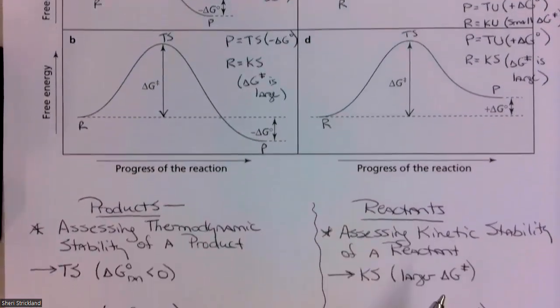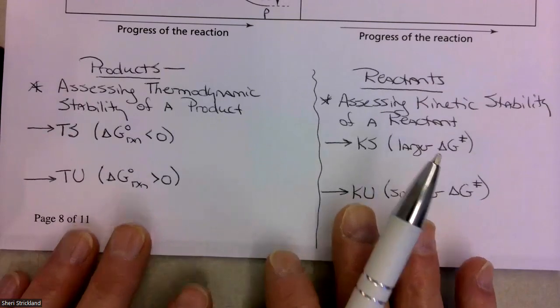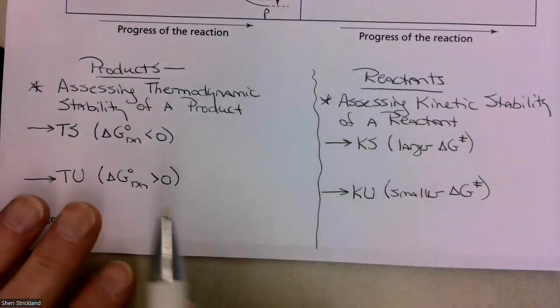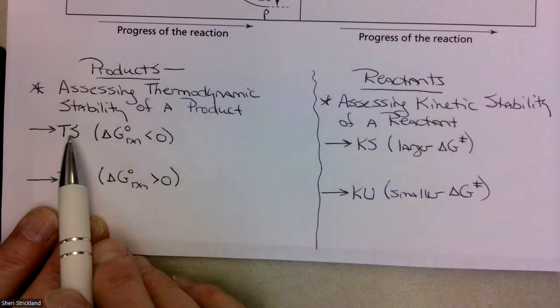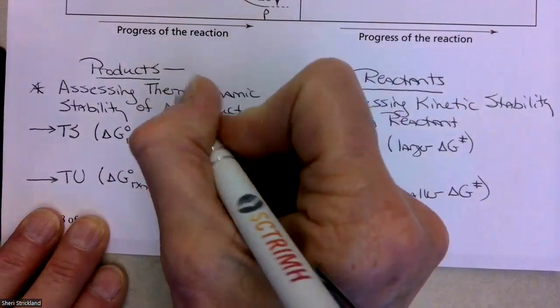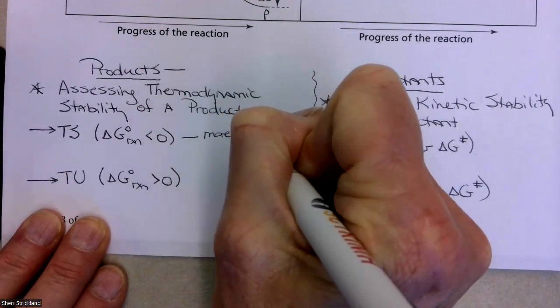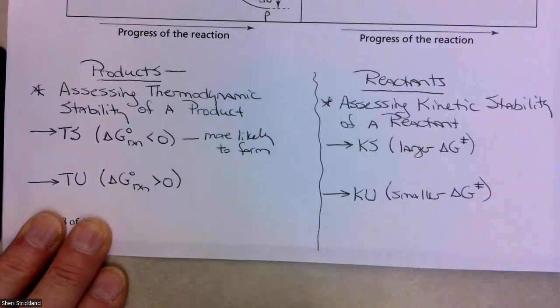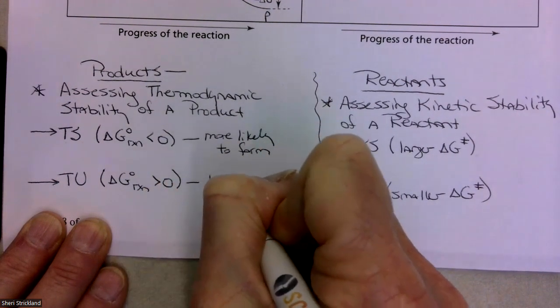All right, so we've got it in words down here, just as an alternative. If your product is thermodynamically stable, it's more likely to form. But if it's thermodynamically unstable, it's less likely to form.